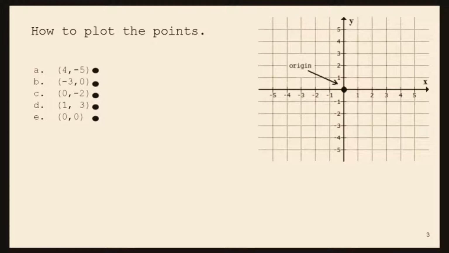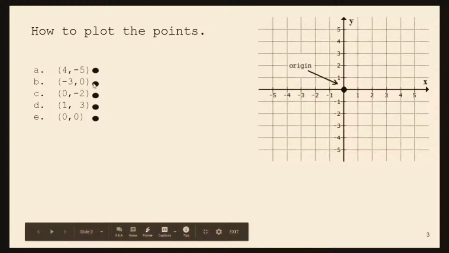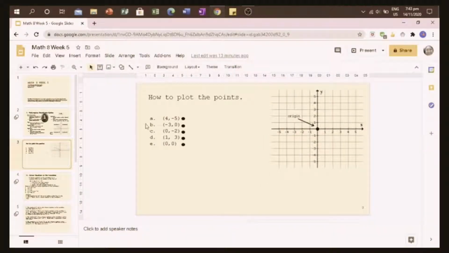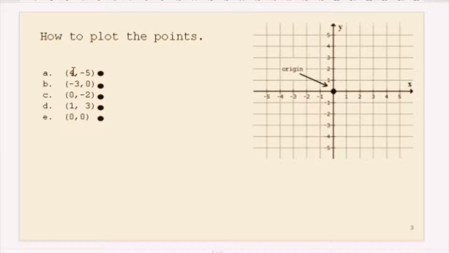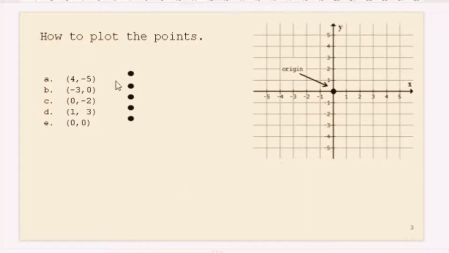So, this is how you will plot the points. Kunyari, 4 and negative 5. So, kung naaalala nyo kanina, yung 4 is yung abscissa or the x, point na nandun sa may x-axis. Kasi yung mga points, yun yung intersection ng coordinates. So, 4 is yung distance from the y-axis.